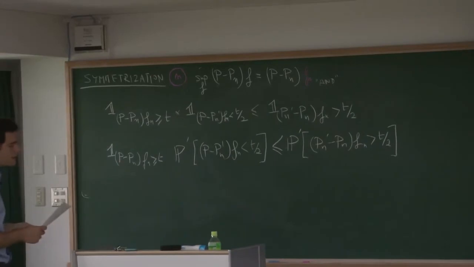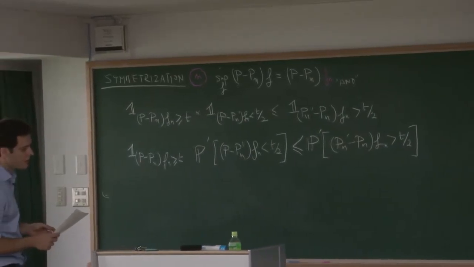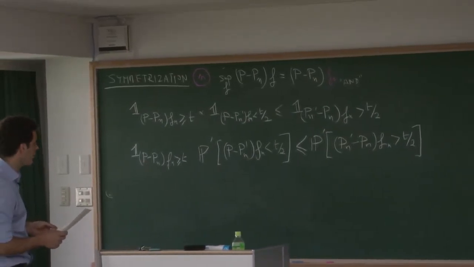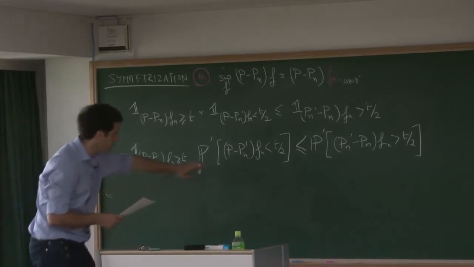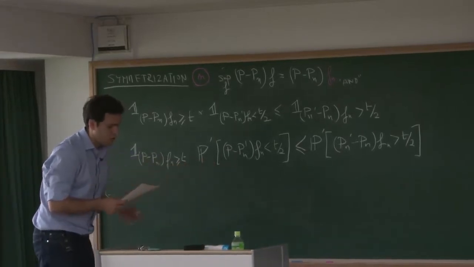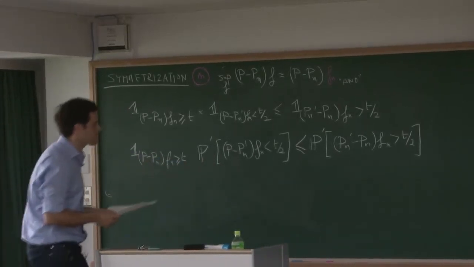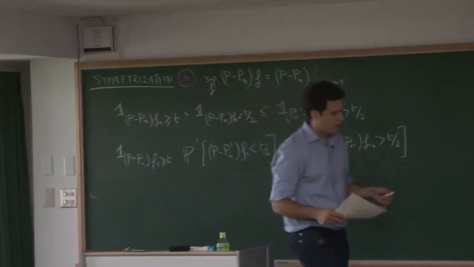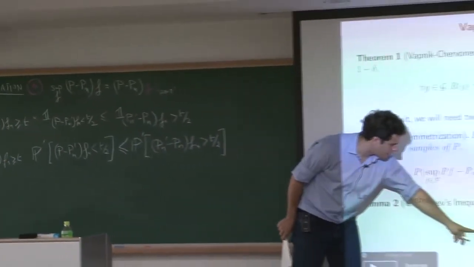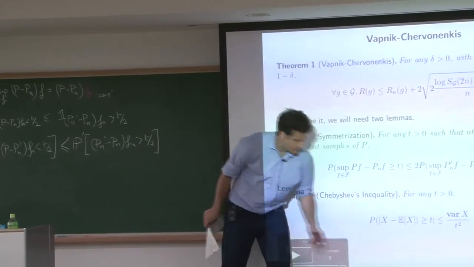So now if you just directly consider Chebyshev's inequality on the first term here, you're basically averaging the gap between this and this here.